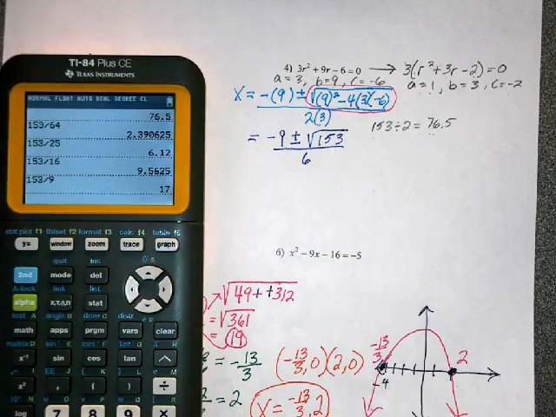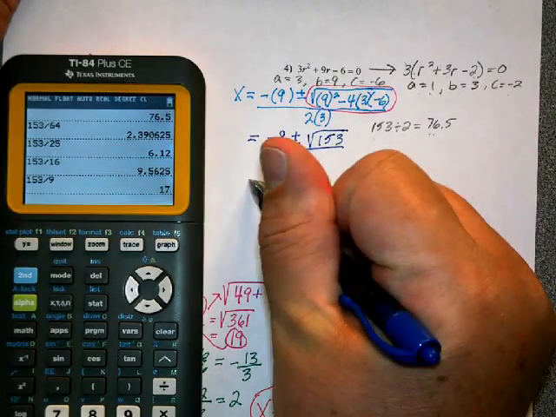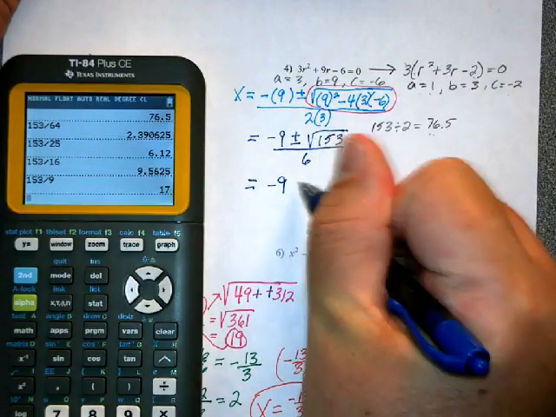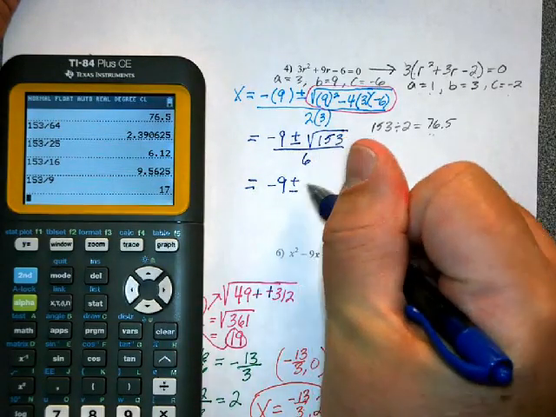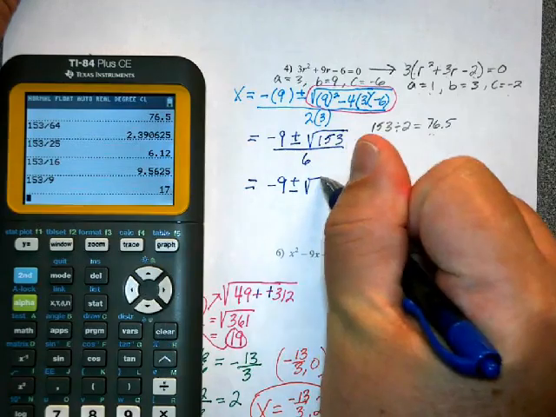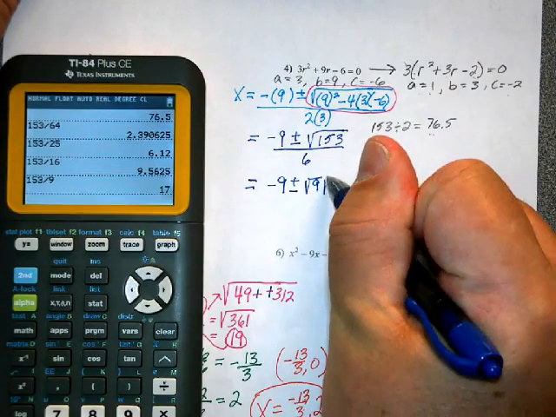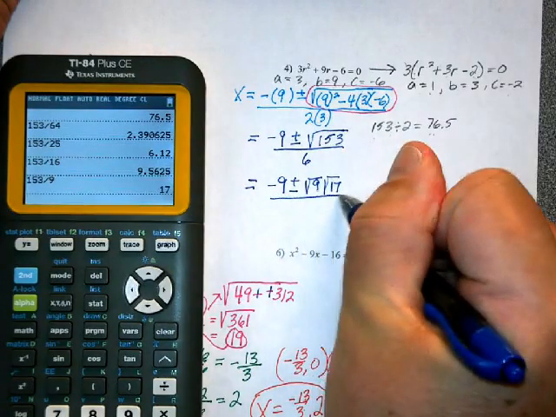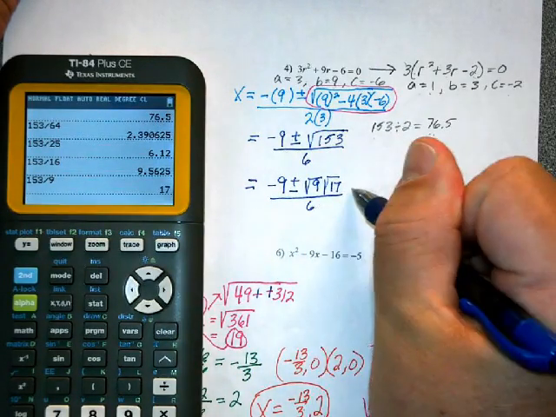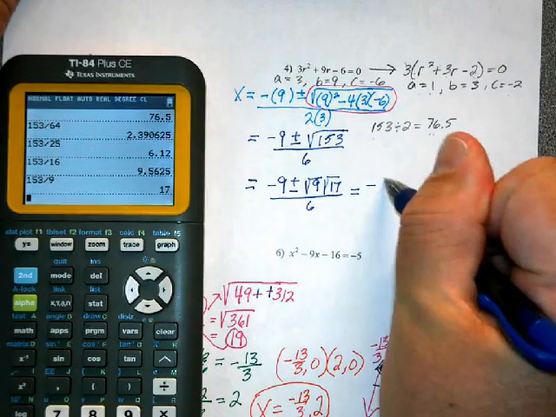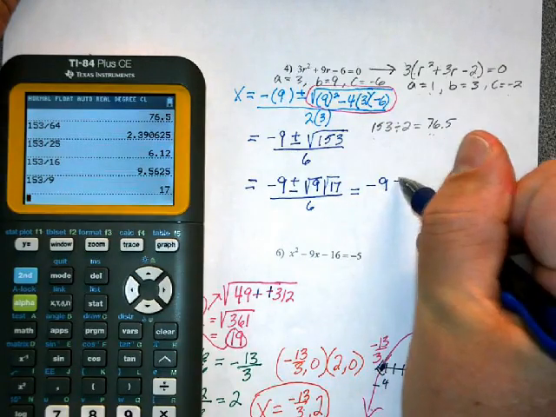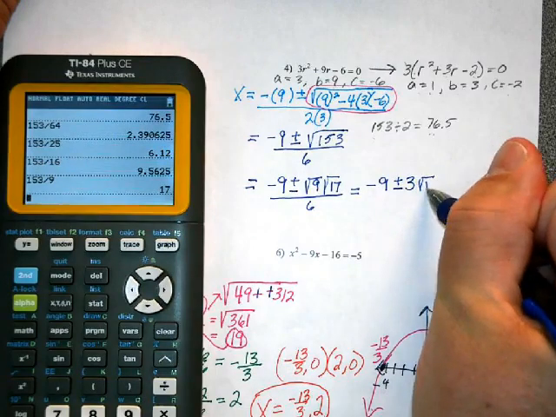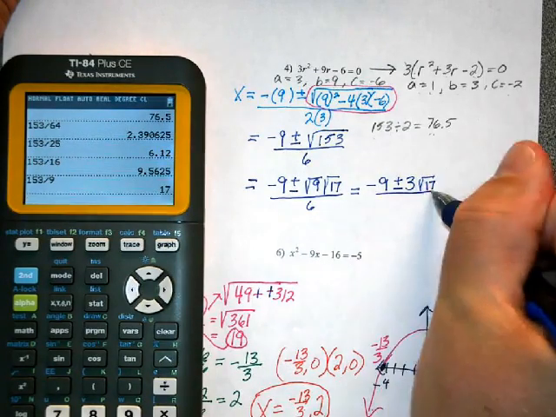So I'm going to change this to -9 plus or minus the square root of 9 times the square root of 17. Square root of 9 is 3. Good. So I'm going to keep reducing. -9 plus or minus 3 square root of 17 all divided by 6.